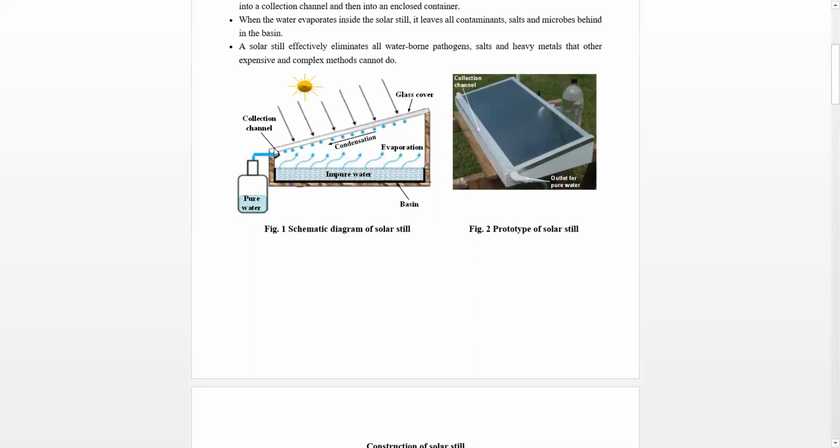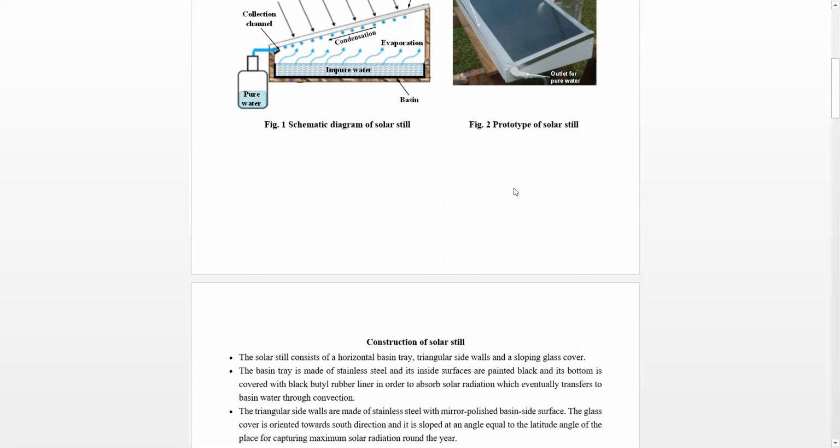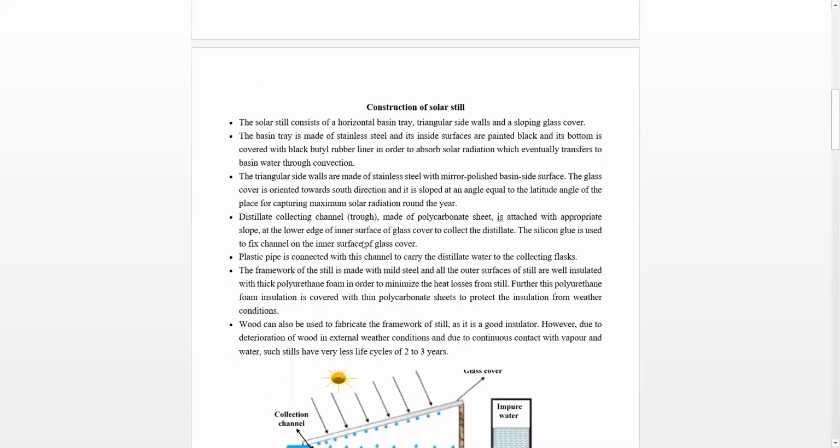This is the lower edge of the glass cover. At the lower edge, beneath this glass cover, a distillate channel is there with a certain slope from here to here, right? And this channel is fixed to the glass cover with the help of silicon tube, right?